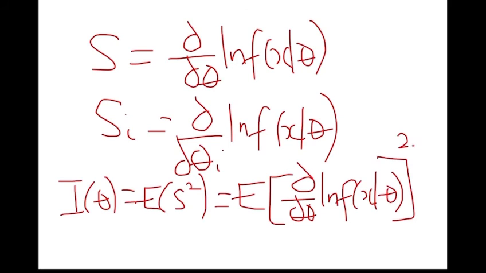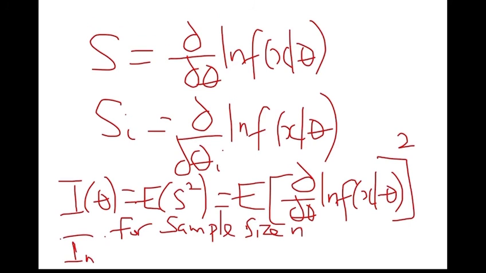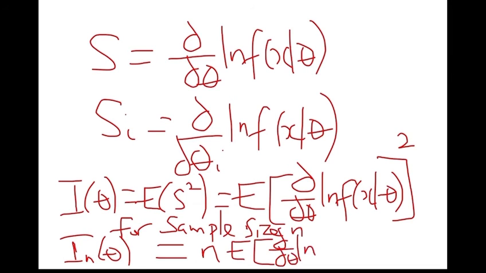But for sample size n, the Fisher information is going to be n times the expectation of (d/dθ ln f(x|θ)) squared.